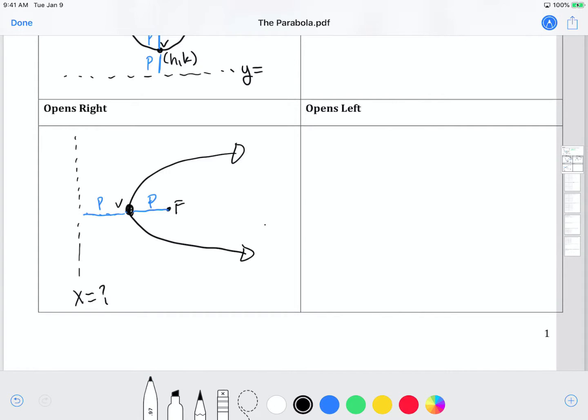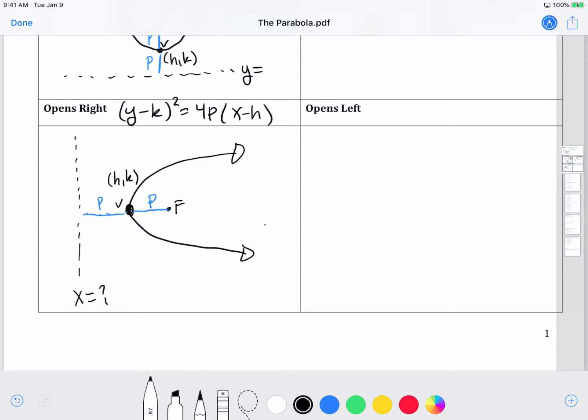Now, your equation, if it opens right or left, would look like this, where your vertex would be (h, k), of course.